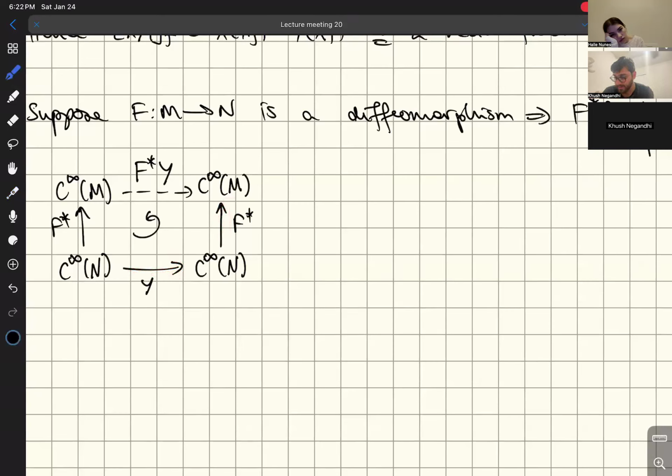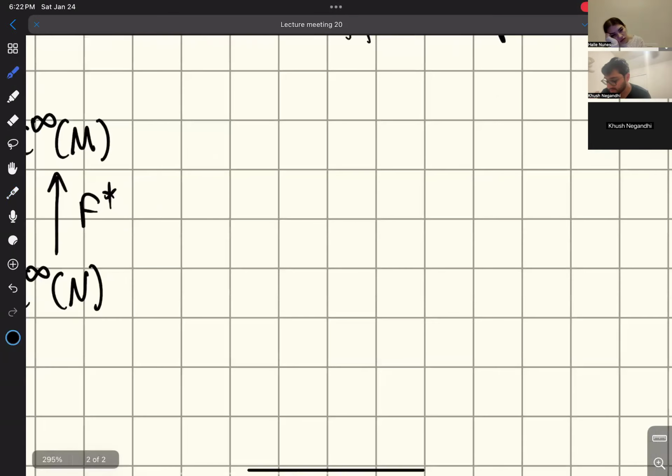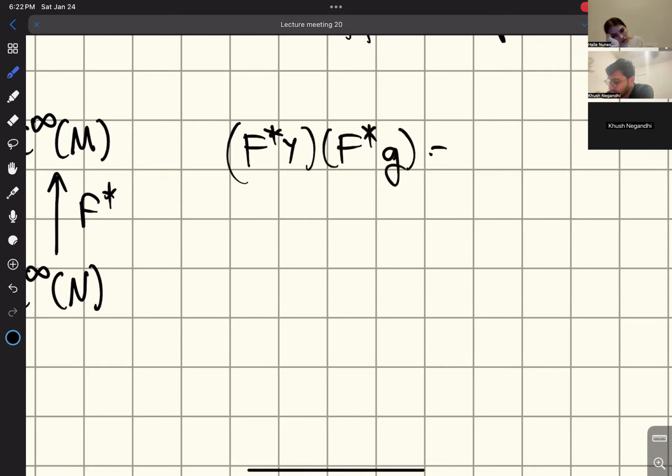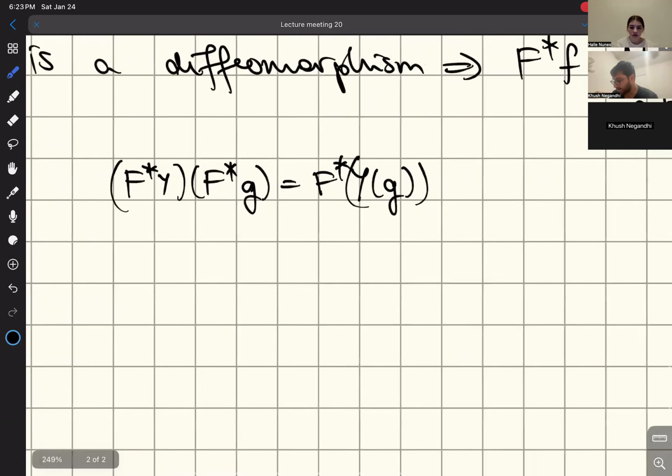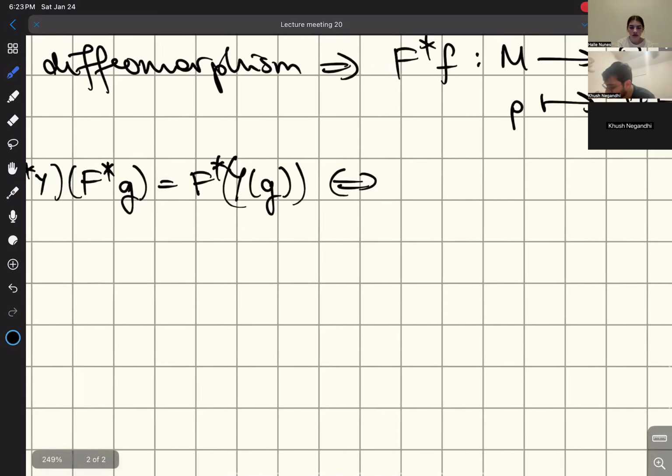If I wrote out this definition, what this is saying is that the pullback vector field on the pullback of some function g has the same action as if I took Y, applied it to g, and then pulled that back.